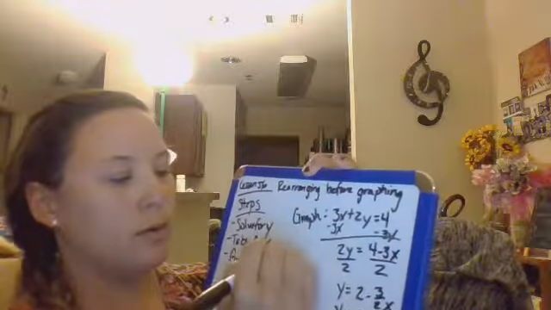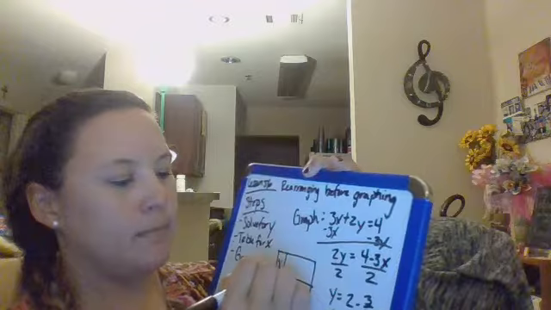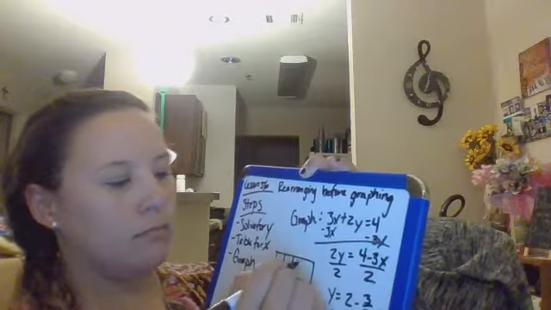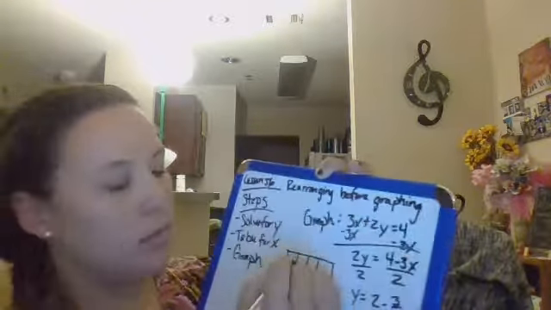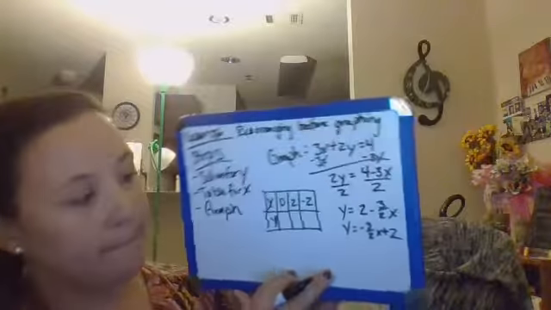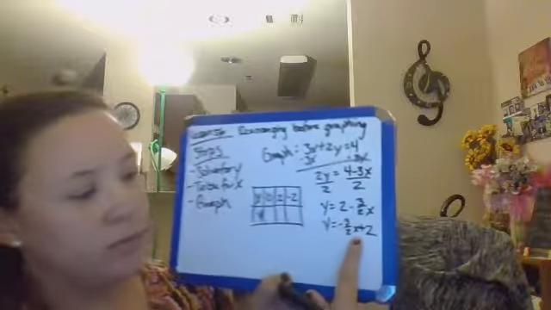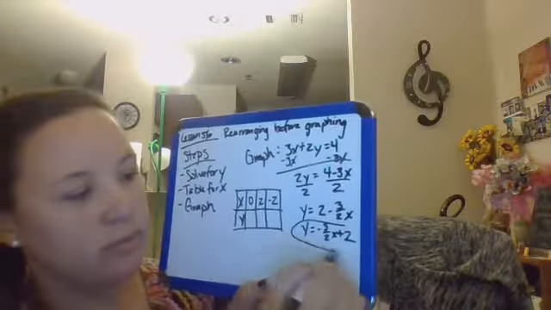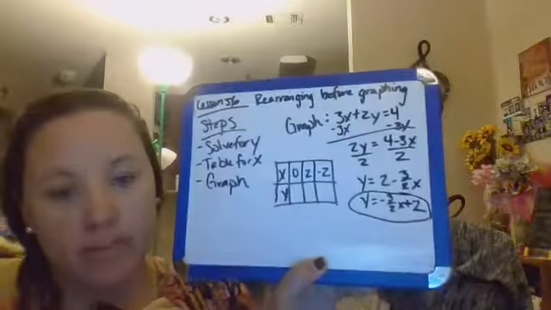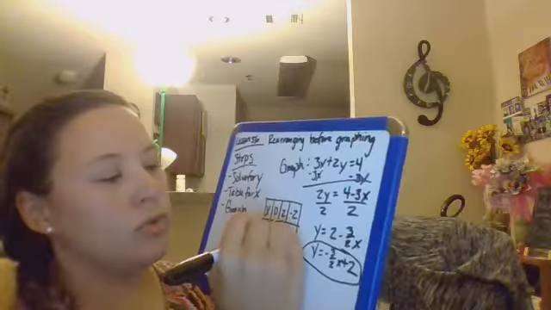From there, we can make our chart. I'm going to use x values 0, 2, and negative 2. We plug 0, 2, and negative 2 into this new equation to figure out y, and we would get 2, negative 1, and 5.